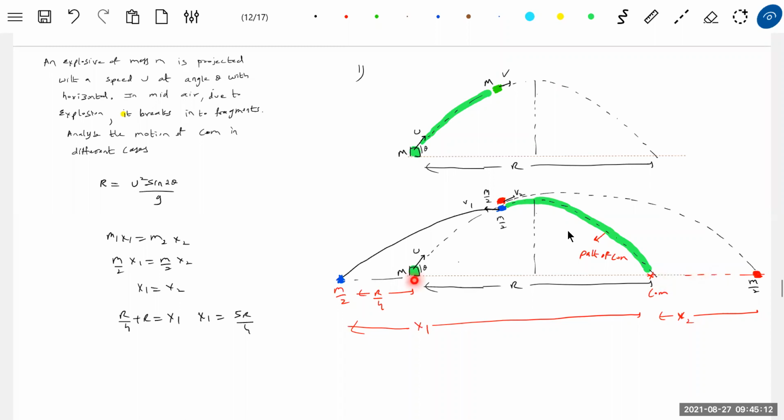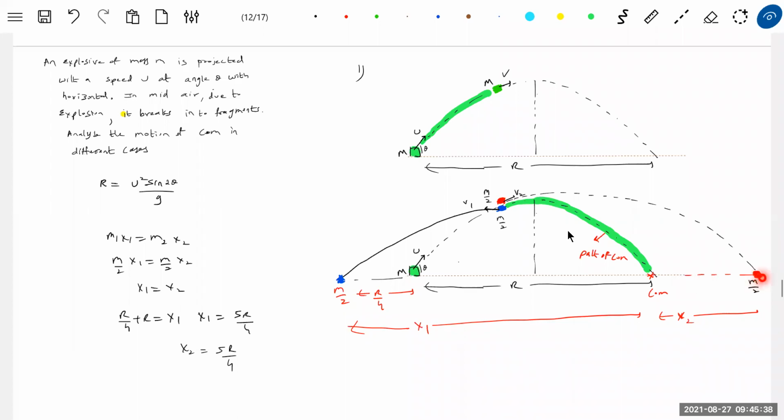From the launch point, it will be different here. So what is this distance now? This x2 we should write as 5R by 4. From the launch point, if one of the fragments is at a distance R by 4, what about the other fragment? The other fragment should be at a distance of R plus 5R by 4 from the launch point.